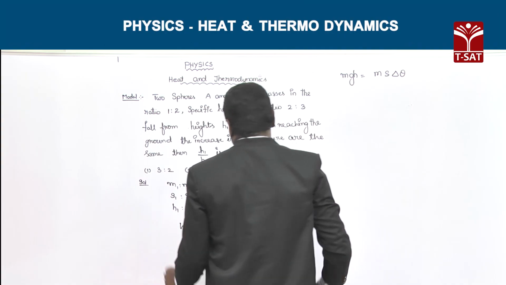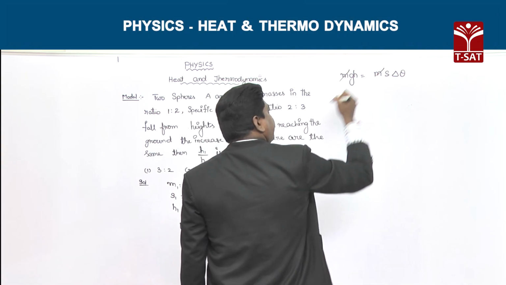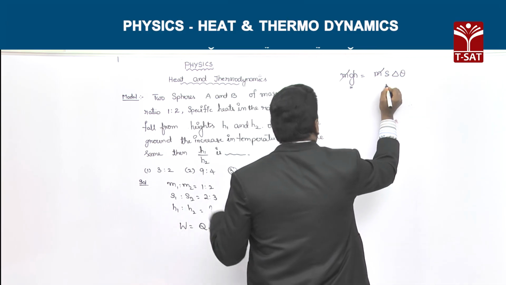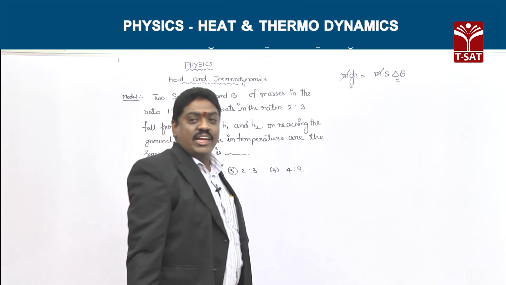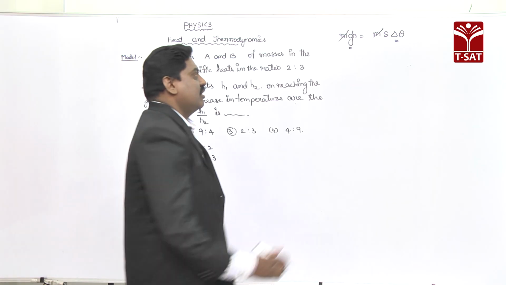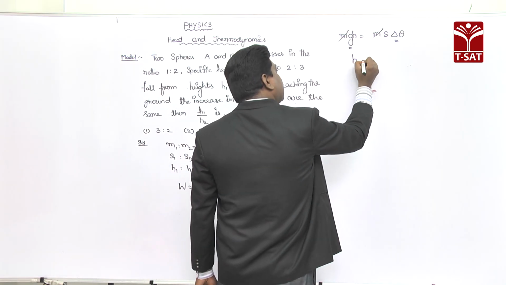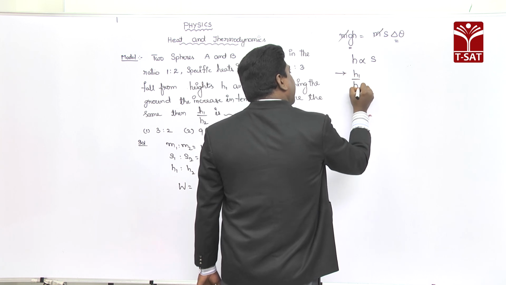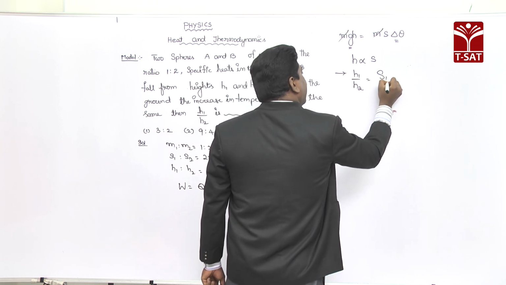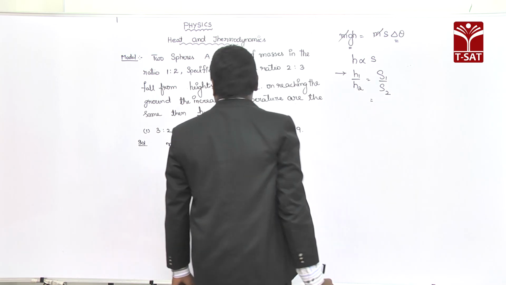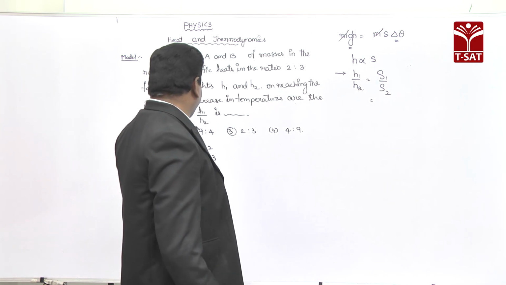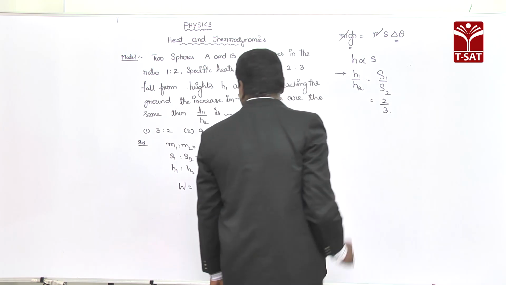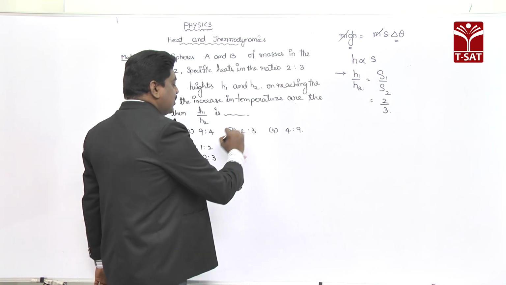In this case, mass gets cancelled off. g is a constant, and in the problem it is given that delta theta is the same. So, h is proportional to s. I can write it as h1 by h2 is equal to s1 by s2, and the ratio of specific heats is given as 2/3. So, we get the option as the third one.